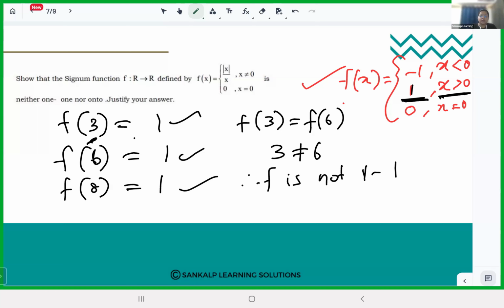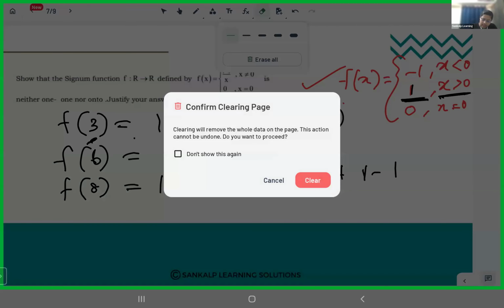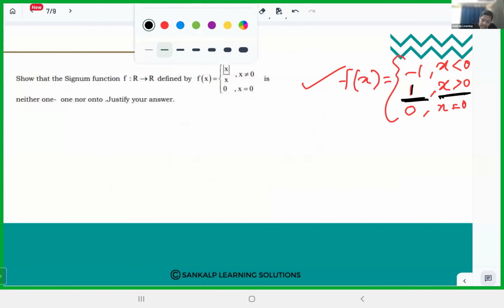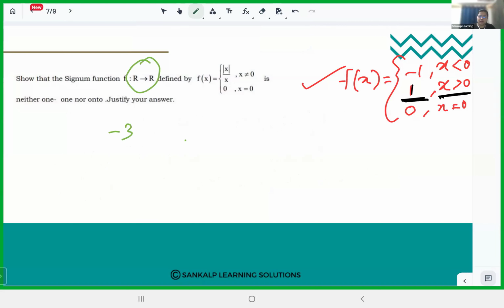All right. Now what you have to do is prove that it is not onto. Similarly, you prove it with a counter example. Consider a counter example. If I take minus 3, it is defined from the set R to R, isn't it?